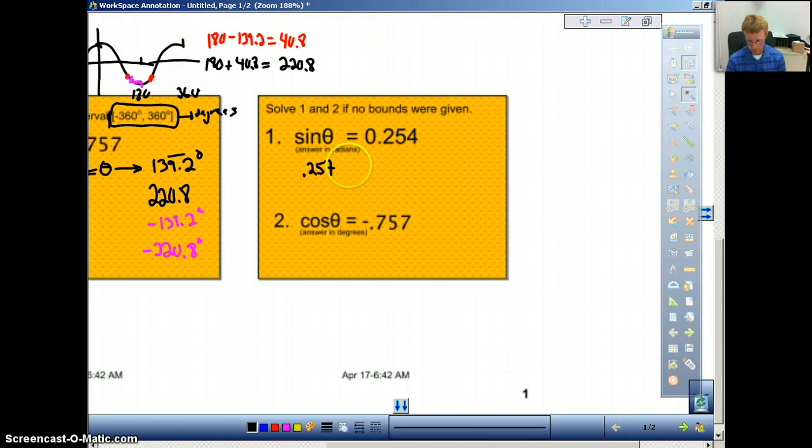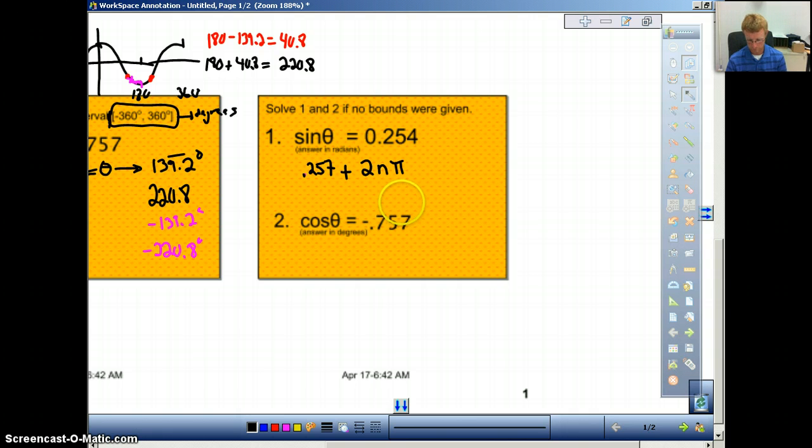It's real simple. We know that every 2 pi or negative 2 pi from that, it's going to be 0.257 again. So we will add 2 times n times pi.